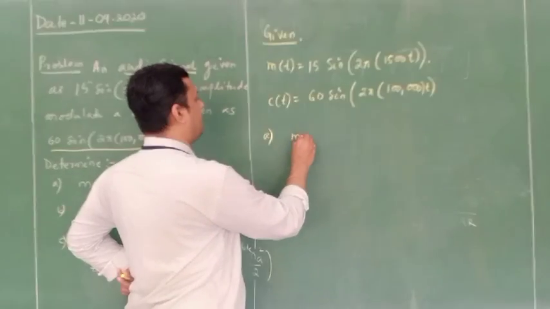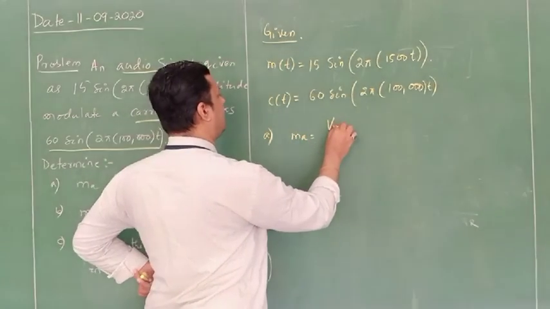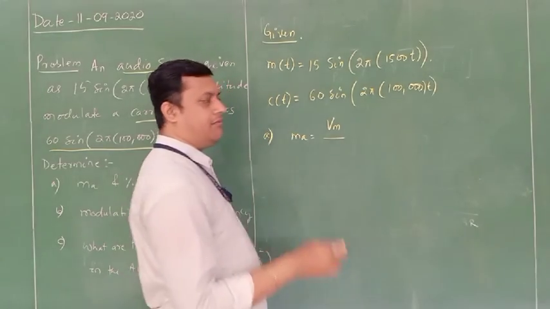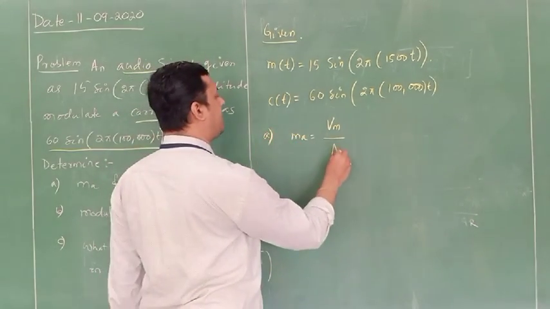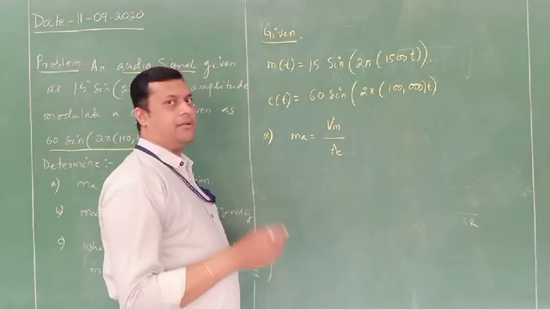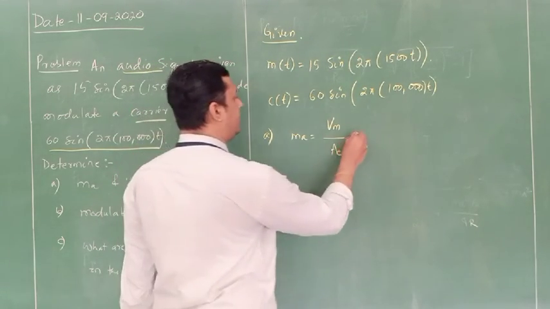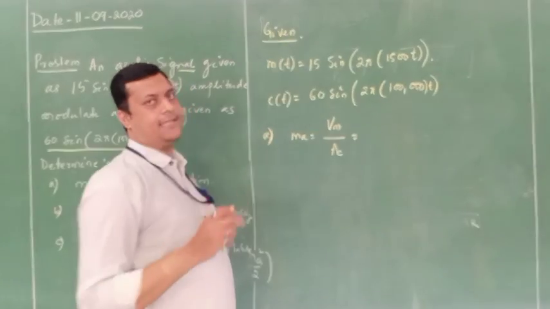First, modulation index. Modulation index is the maximum amplitude available in the modulating signal divided by the amplitude available in the carrier signal. Now here only one modulating signal is available.